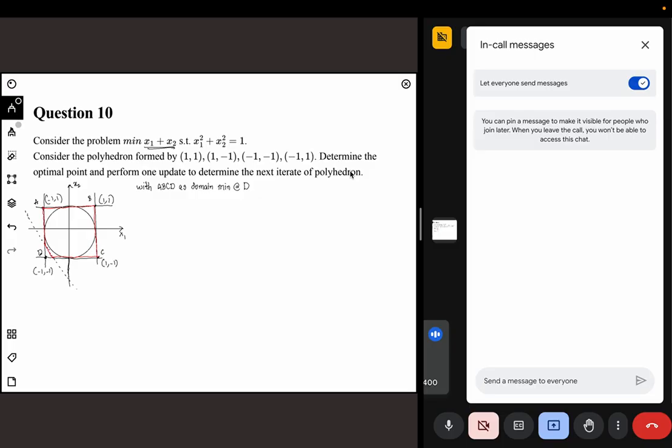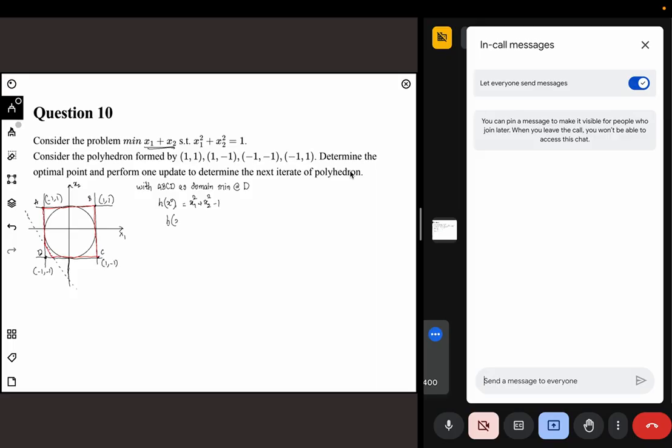So I have the original function. Let's say that is my h of x as x1 squared plus x2 squared minus 1. So I want to find, let's say this is x naught, I have to find an x1. I will approximate it something like this.